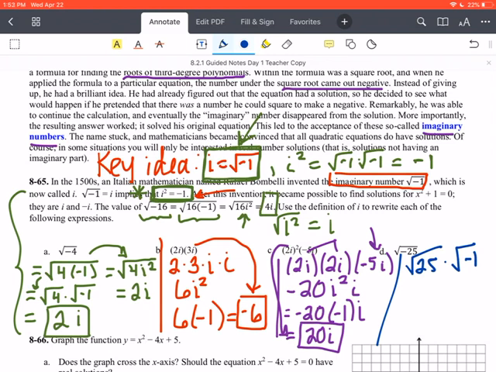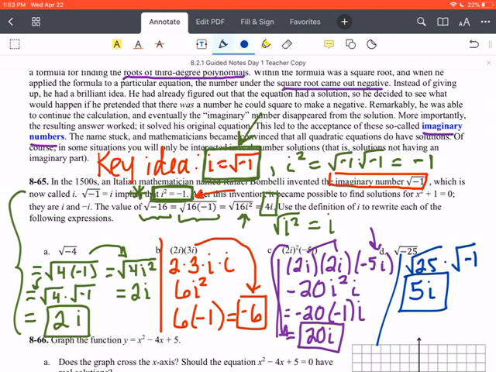So what's the square root of 25? 5. What's the square root of -1? i. So basically, when you're taking the square root of a negative number, you take the square root of the positive value, and then you tack an i on at the end. Hopefully you're noticing that pattern, because you do want to get quick with these.